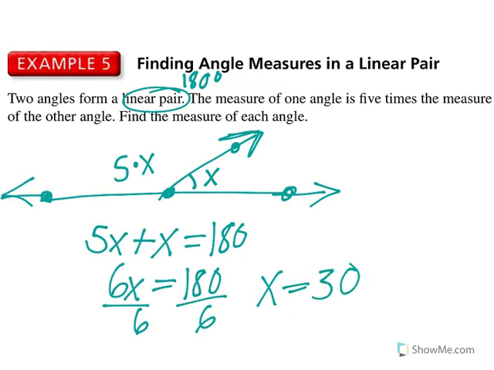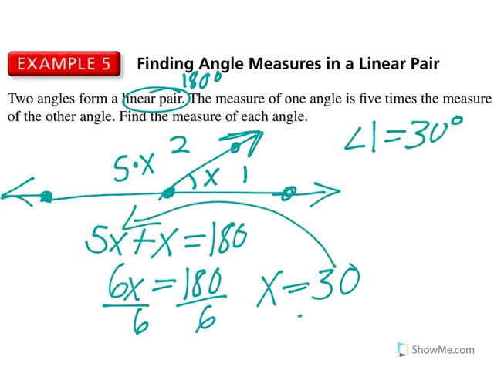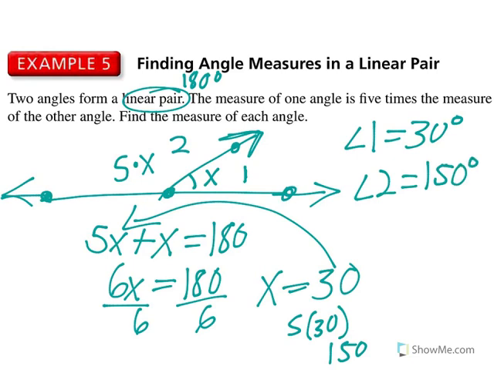But it asks for the measure of each angle, so if we say this is angle 1 and this is angle 2, angle 1 is equal to 30 degrees. For angle 2, we would have to plug it back in, so 5 times 30 would equal 150. So angle 2 would equal 150 degrees.